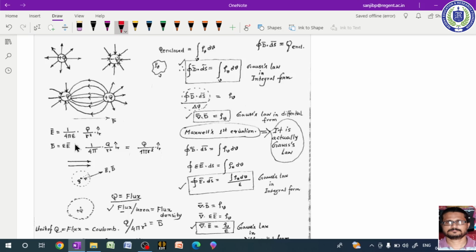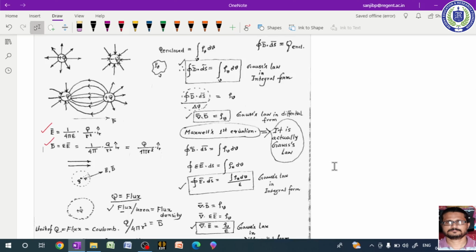Now we know the theory of electric field intensity, and we also know the formula of D. What is D? D is the flux density. So here we have to prove Gauss's law. What is the theory behind it?